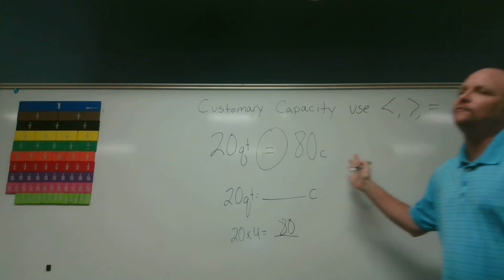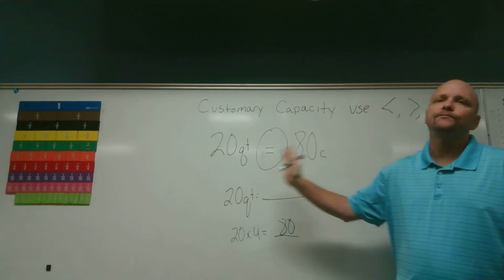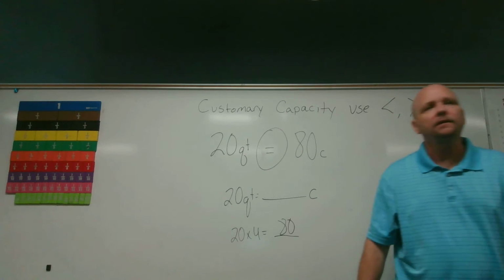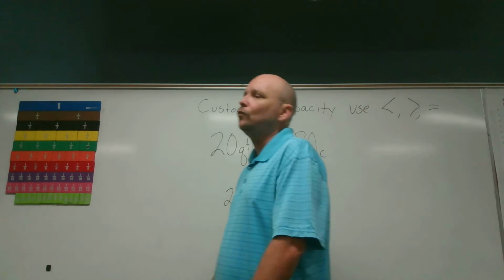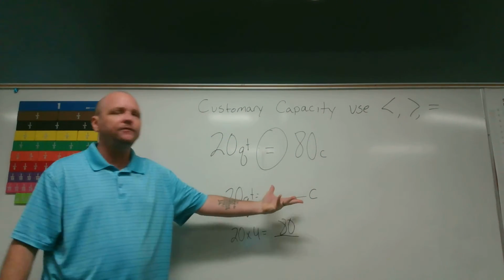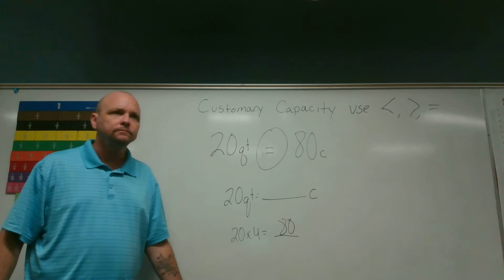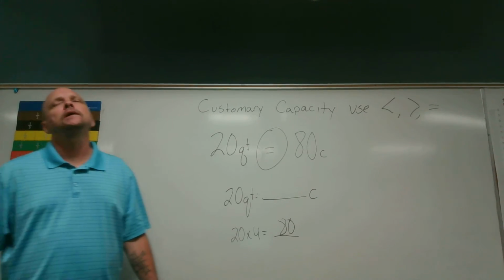Now, why do we have these different measurements? Why don't we just use cups for everything? Who has an idea of why we have to have quarts if we can have cups? Joshua? Because quarts are bigger and you don't have to count it more. All right.